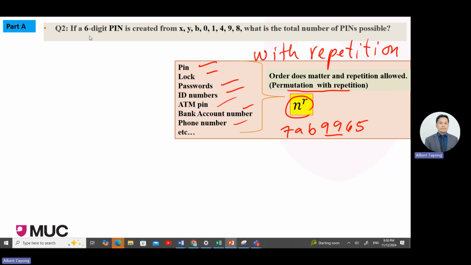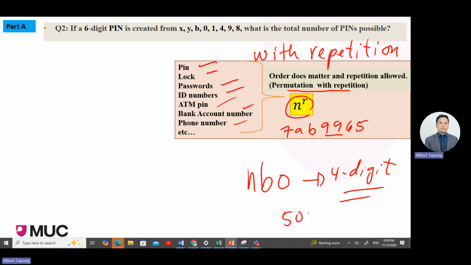So here, if a 6-digit pin is created from XYB01498, what is the total number of pins possible? This formula is actually used by banks and most companies to generate passwords. For example, NBO in Oman uses 4-digit as the pin.